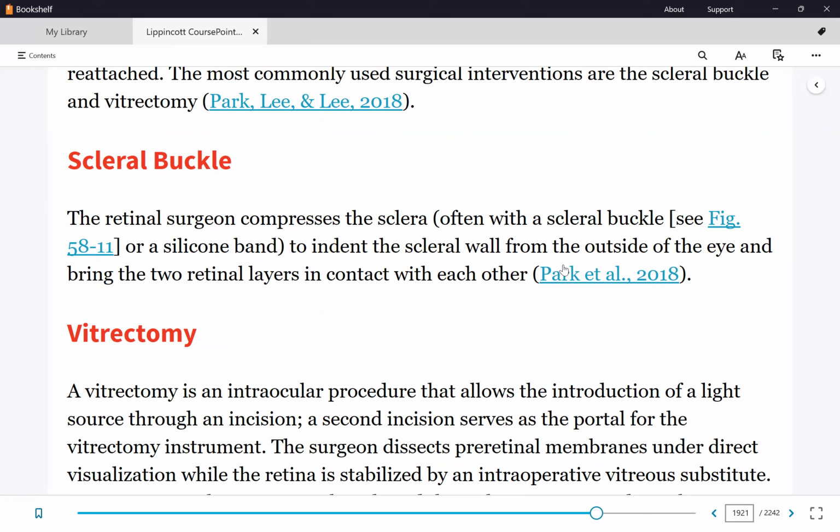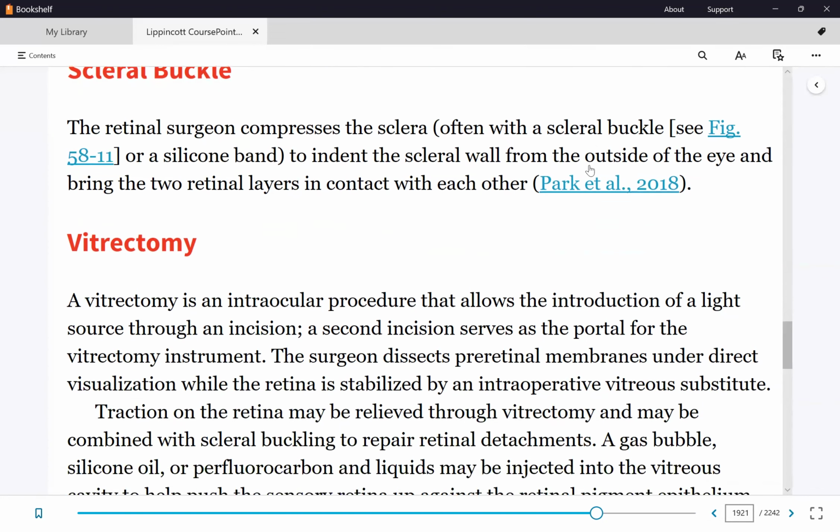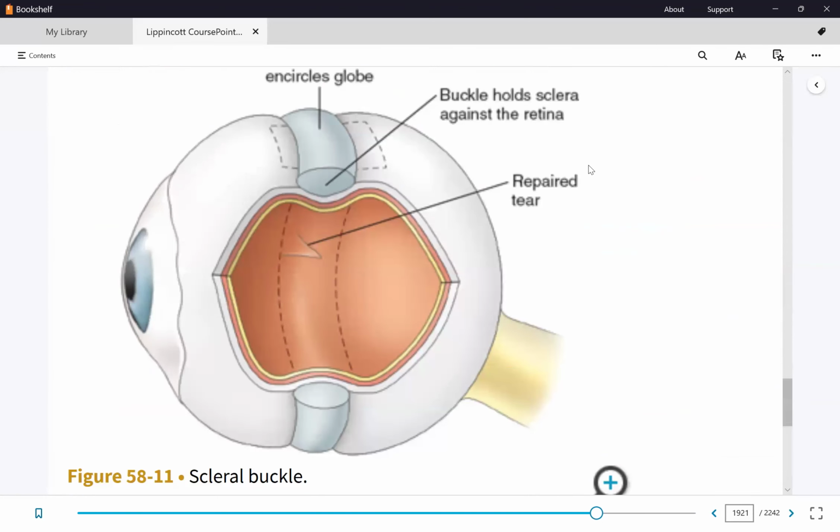What is a buckle? Keep something there. You're going to wrap something up. There's a picture here. Look at this buckle. This is a scleral buckle, in the middle of the eyeball. Just imagine, how did they wrap that buckle around the eyeball?